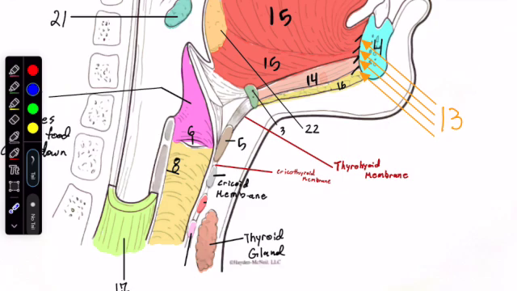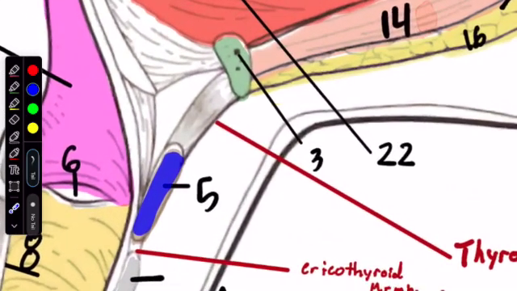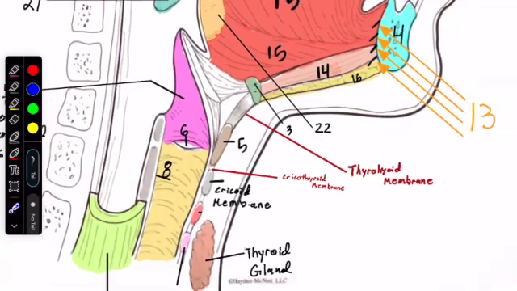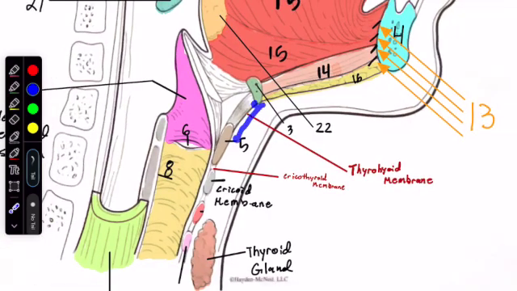So you're going to have your hyoid bone, and then you're going to have thyroid cartilage right here. And in between the two is going to be your thyrohyoid membrane. Okay? You're going to get all of these different terms down through here.